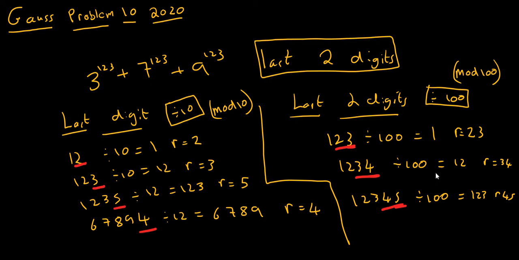So just pause the video and see if you can understand what we've done, and then we'll move on. Okay, so hopefully you've done that now, and you're familiar with the fact that to find the last digit, we use mod 10, and to find the last two digits, we use mod 100. So let's have a look at some examples for powers.